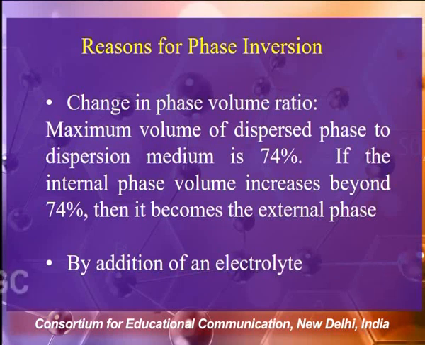That is, to keep it in a stable form with no phase inversion in the system, the internal phase should never go beyond 74%, the maximum permissible limit. If it crosses 74%, then phase inversion is going to happen.